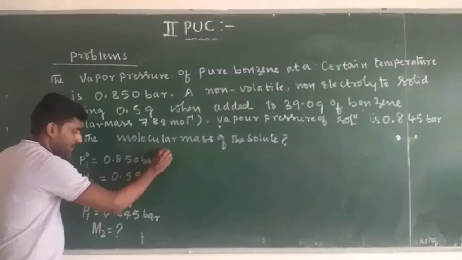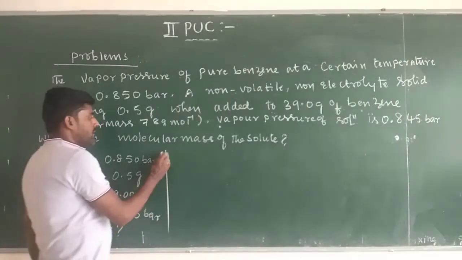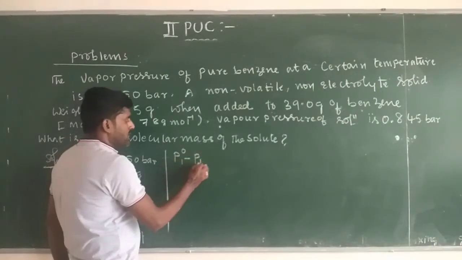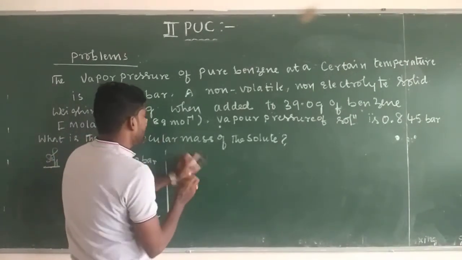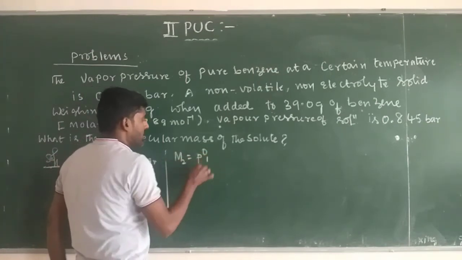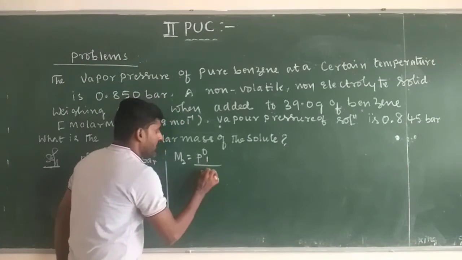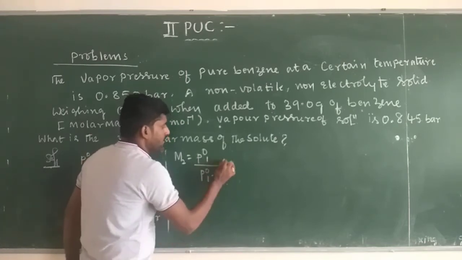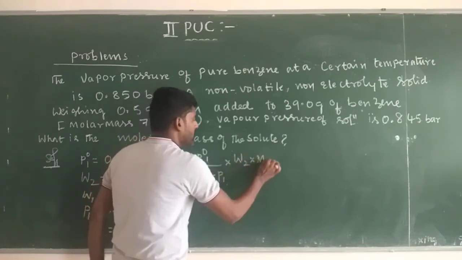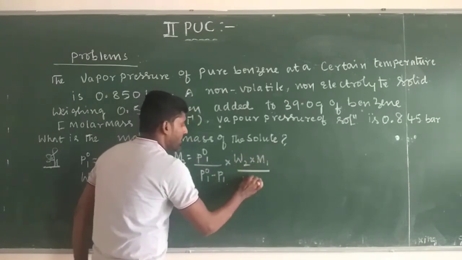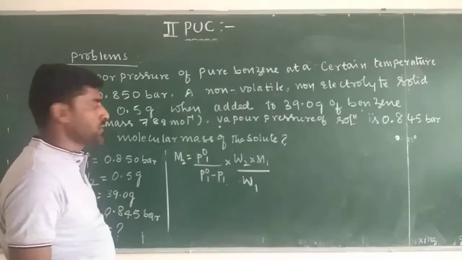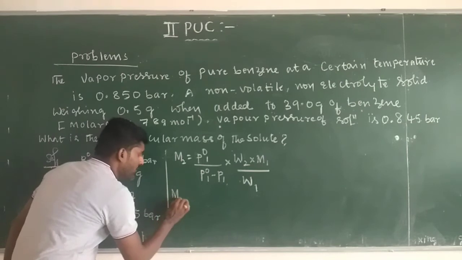So here the equation is M2 is equal to P01 divided by P01 minus P1 into W2 into M1 divided by W1. So this is the expression we have to use. Then substitute the values.